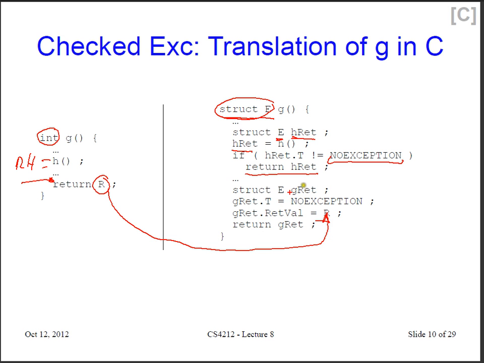So we declare a structure that should serve as a return value. We should set the type of that structure to no exception. We should store inside the structure the variable R, and then we can return that structure. Okay, and the result will be made available to F.